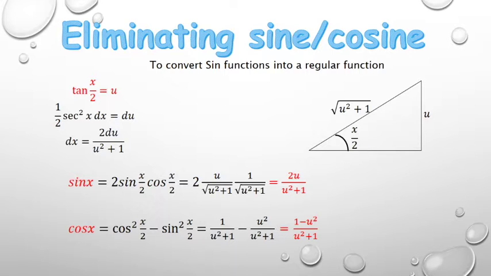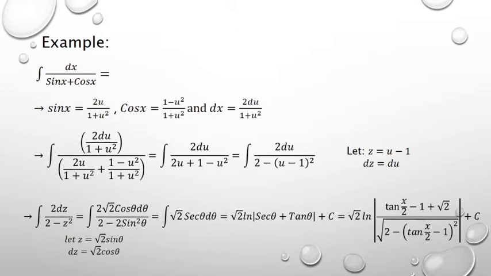Cosine x, because we know that cosine x equals cosine squared of x over 2 minus sine squared of x over 2, we can change this in terms of u to become 1 over u squared plus 1 minus u squared over u squared plus 1, which becomes 1 minus u squared over 1 plus u squared.